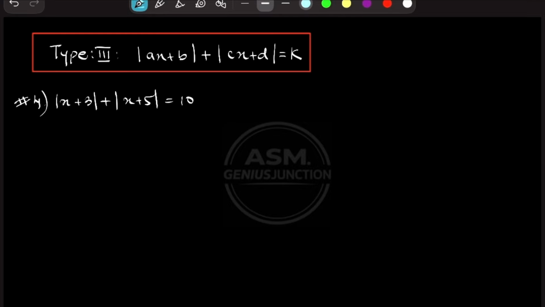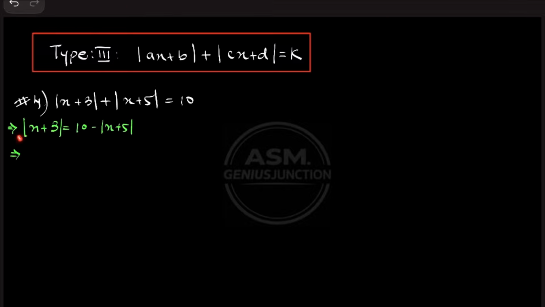I will keep x plus 3 on the left hand side and shift mod x plus 5 to the right hand side. Okay, this is your step number 1. Now let's open the modulus function of mod x plus 3. I'm just opening the modulus part of this particular function. The rest of the question is going to remain as it is.